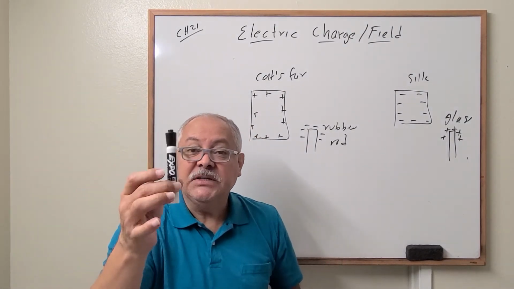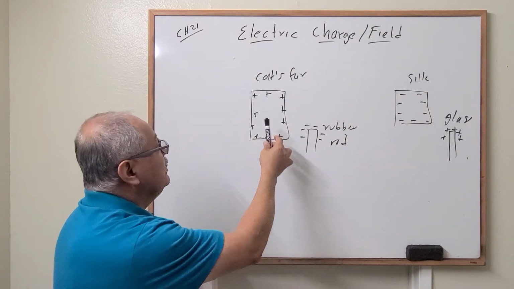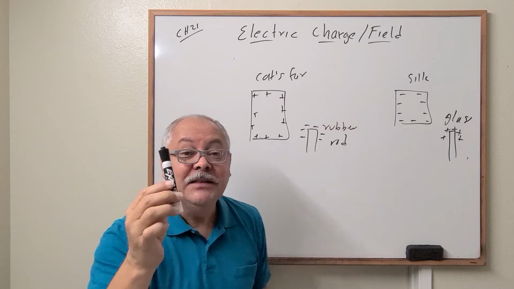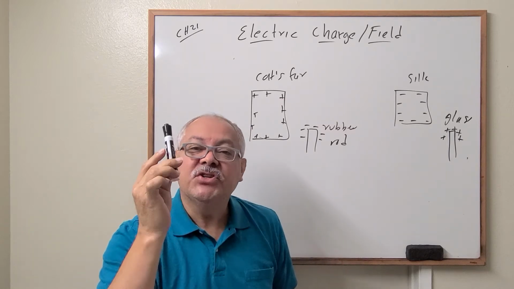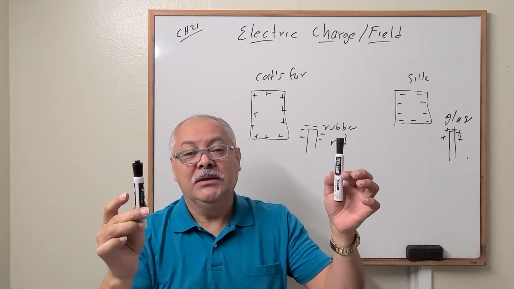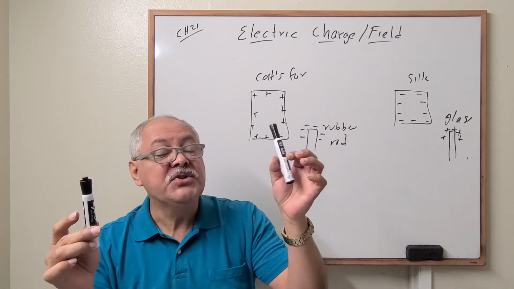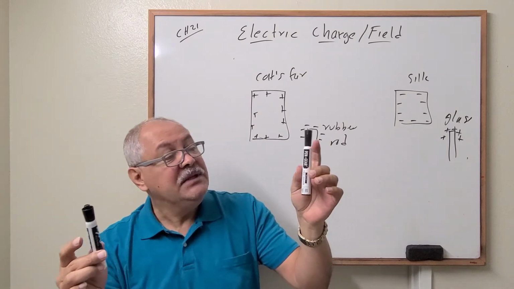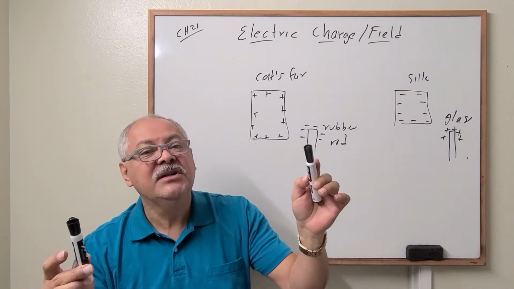Now imagine that we charge this object, this is plastic, using this technique, and we know for sure by convention that this is negatively charged. What happens if we have another object that is charged, this one, but we want to know which type of charge it is, positive or negative? How can we determine if this is positively charged or negatively charged?